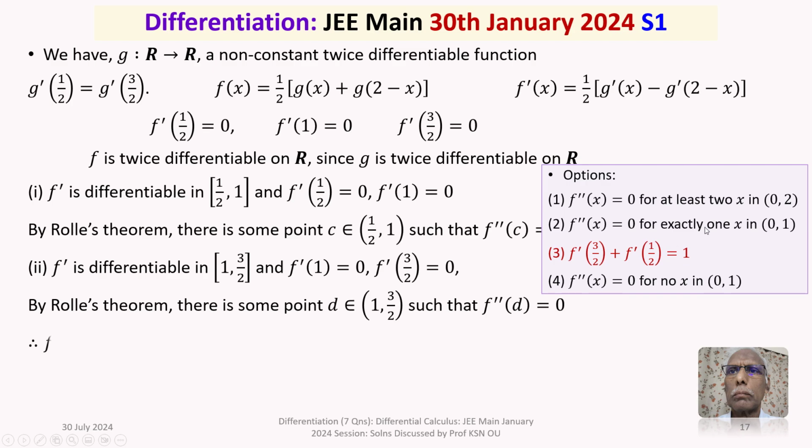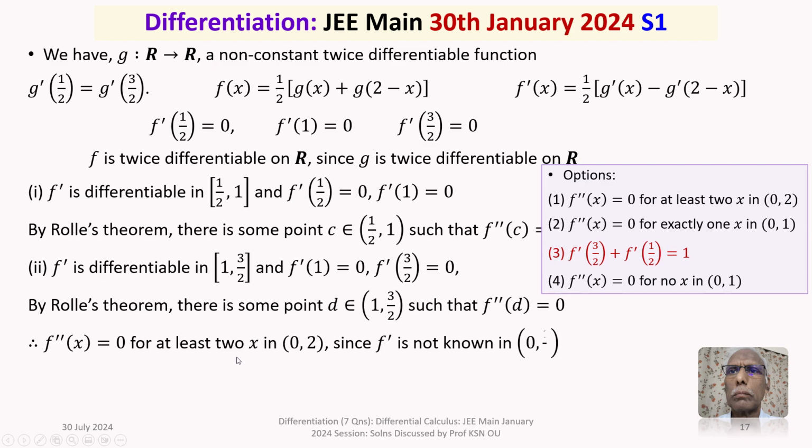So therefore, the answer to this question is f double prime x is 0 for at least 2 values of x in the open interval 0 to 2. Why at least? Because the behavior of the function f prime is not known in the first part 0 to half union 3/2 to 2.